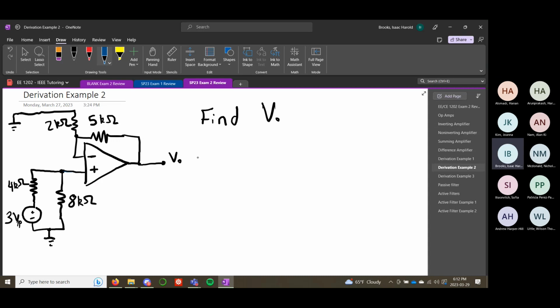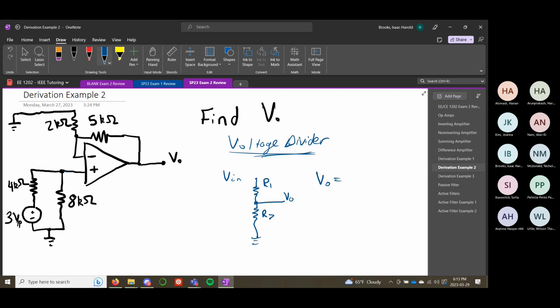Well, if you remember the concept of a voltage divider, basically when you have an input voltage feeding into two resistors, grounded, and you're looking for the output between the two of them, the equation is V out equals, let's call these R1 and R2, R2 over R1 plus R2 times V in.